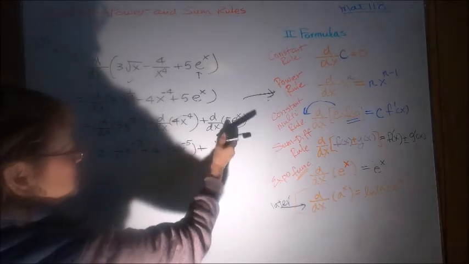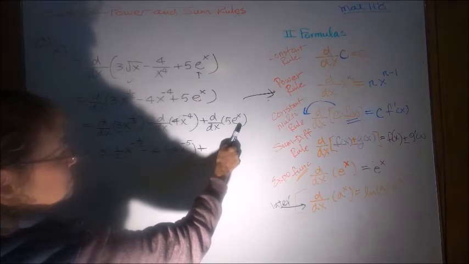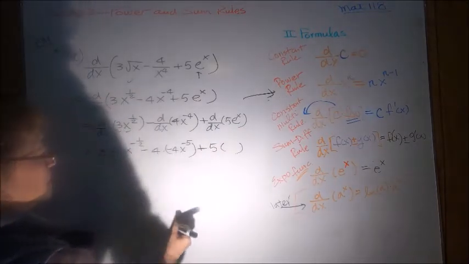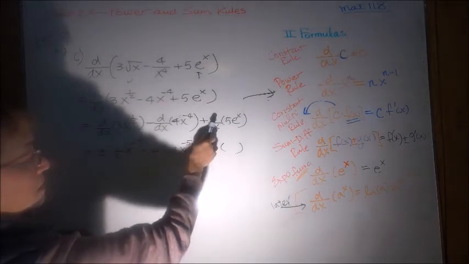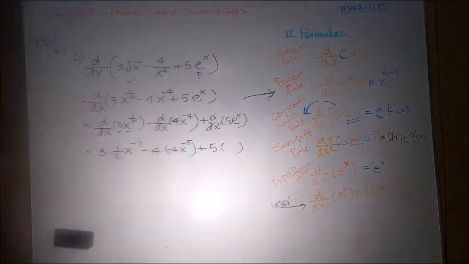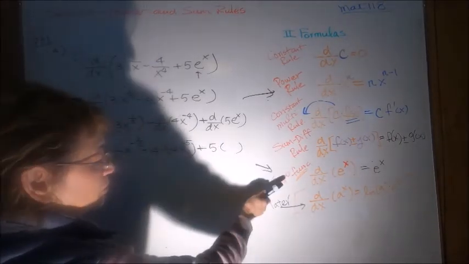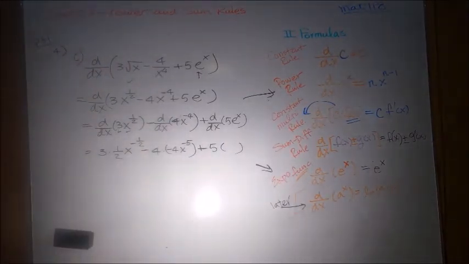And this one, constant multiple rule. So you take a 5 out. Then you take the derivative of e to the x. Then we will use what? The one we just learned, the exponential function e to the x power.